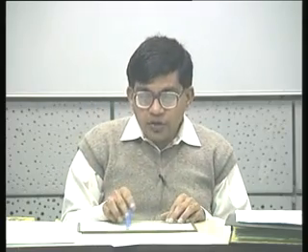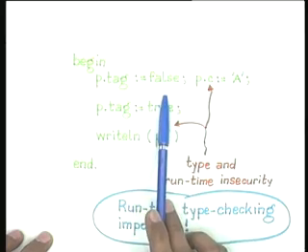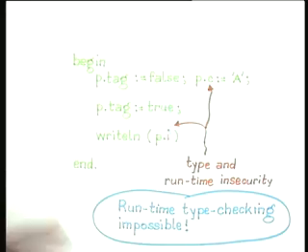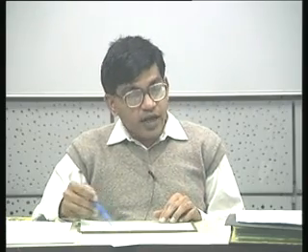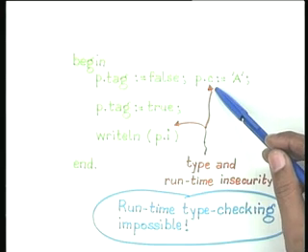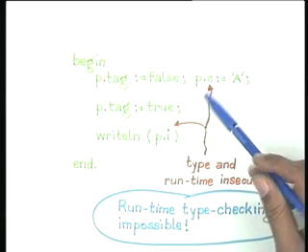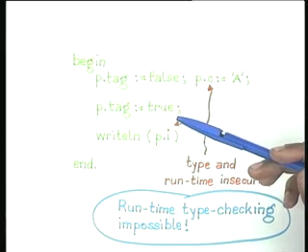After all, I could change this to some complicated Boolean expression. So, it has a schizophrenic type which keeps changing. The value of the individual components does not change, but there is a side effect on the type of the individual component by changing the value of the tag field, right.